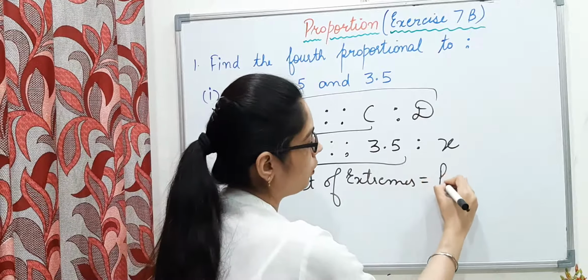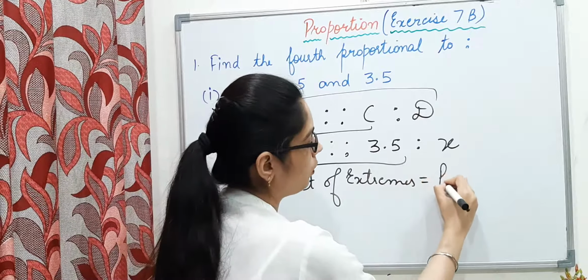Now we only have to find the value of X. So whichever thing you have to find, just keep on this side, and we will shift the other thing to the other side. So this 1.5 is getting multiplied by X. When we shift it to the other side, it will get divided, because multiplication on changing the side changes into division.